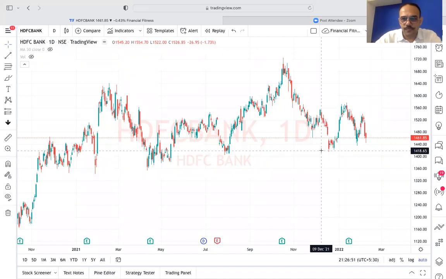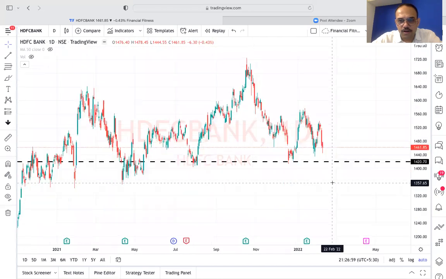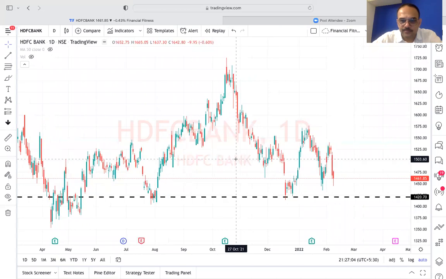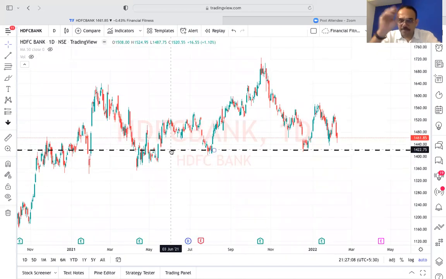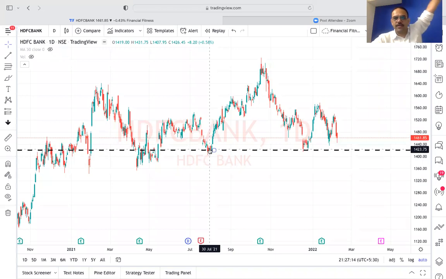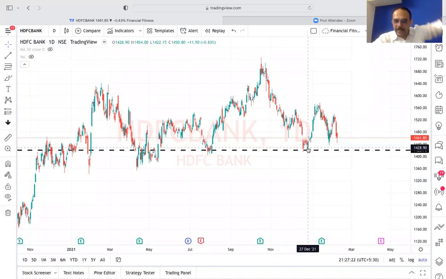Now, if I draw a line here, okay? If I draw a line here and zoom in, how many of you can imagine that the price came here in July 2021, it went up, went up, again came down in December 21.